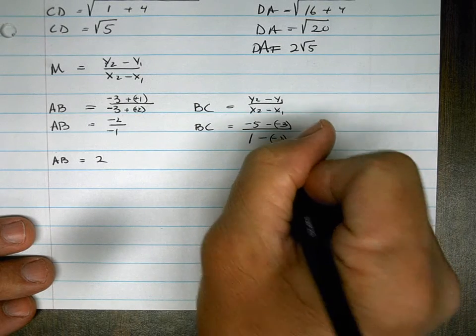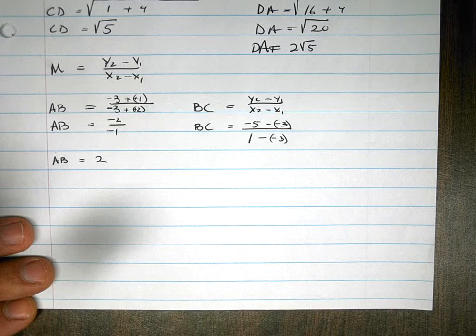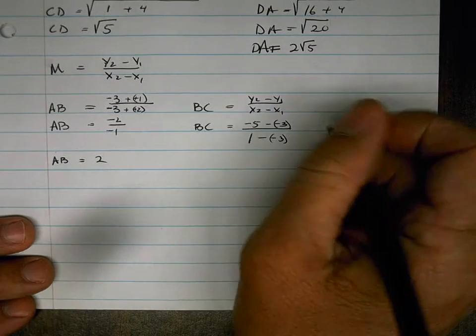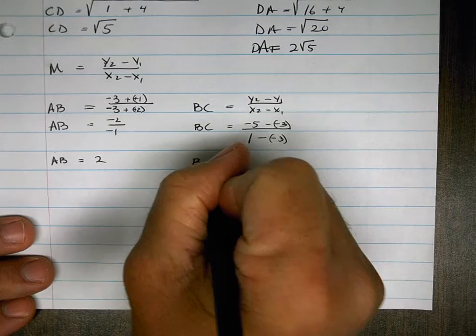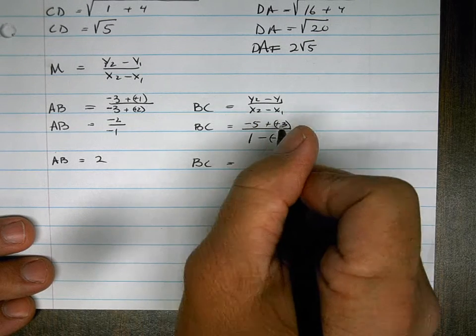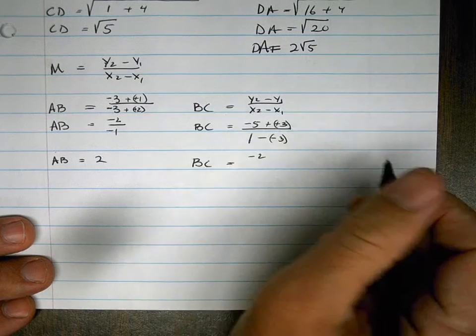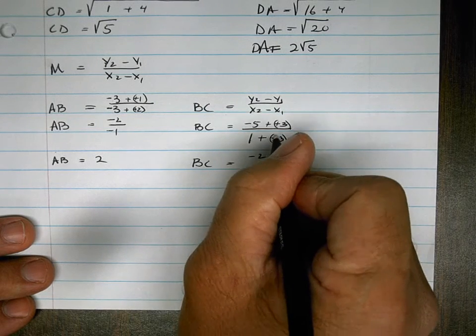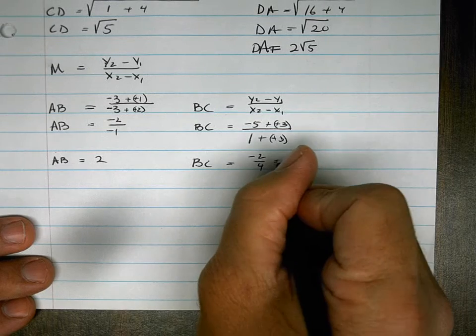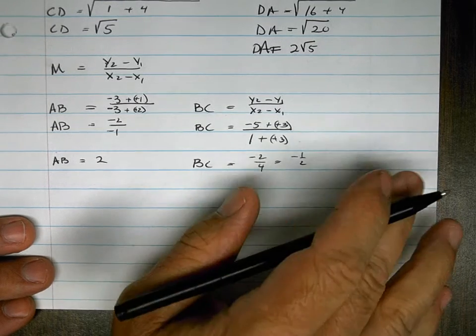Double check, make sure I got those in there correctly, and I did. So we end up with BC equals, we add the opposite, negative 5 plus 3 is negative 2, and 1 plus 3 is 4. So we end up with BC equal to negative 1/2. So I'll plug that in there.